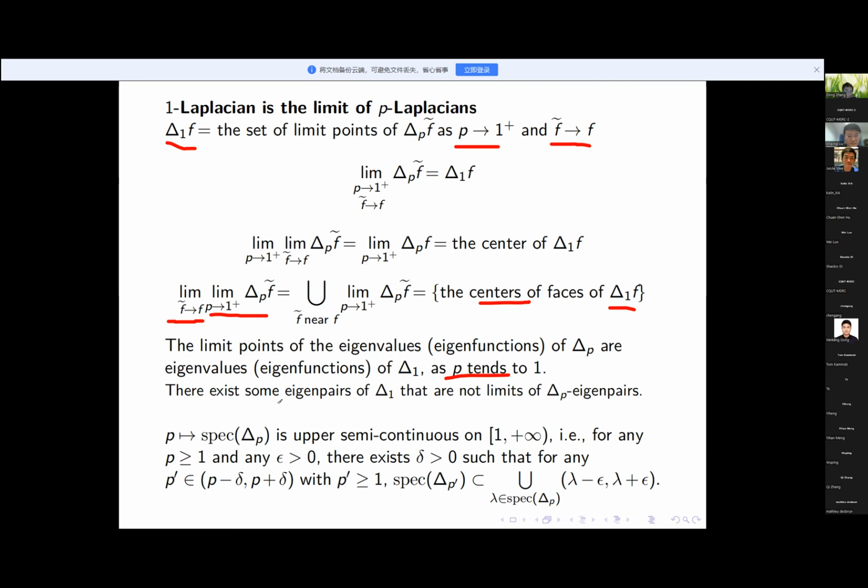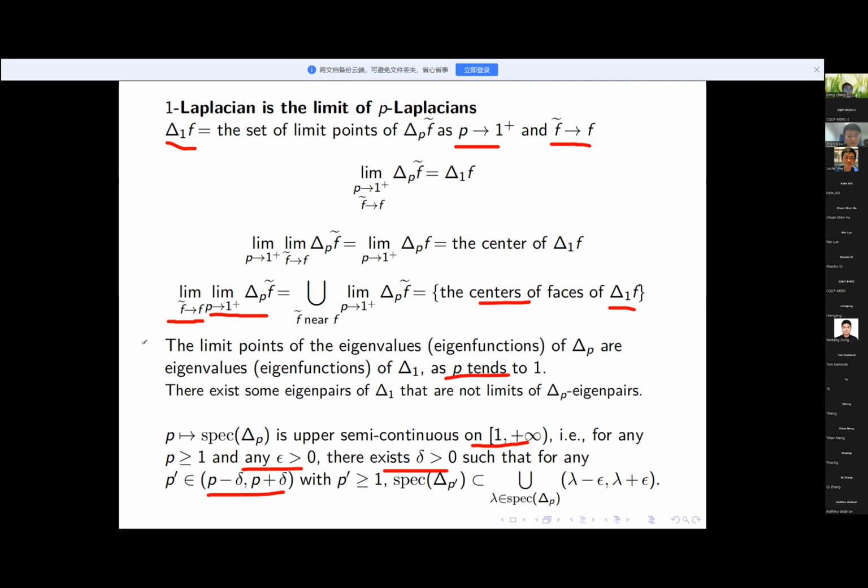And in addition, we have a proposition saying that the spectrum of the p-Laplacian is approximately continuous with respect to p for p from 1 to infinity. What do I mean by approximately continuous? It means that for any positive epsilon, there is a positive delta such that for any p prime in the delta neighborhood of p, the spectrum of the p prime Laplacian is included in the epsilon neighborhood of the spectrum of the p-Laplacian.